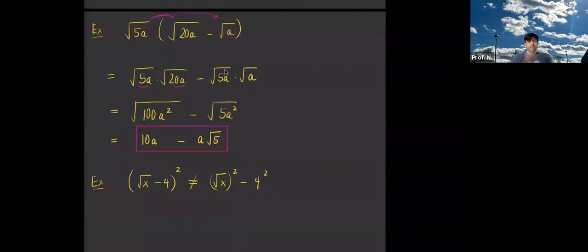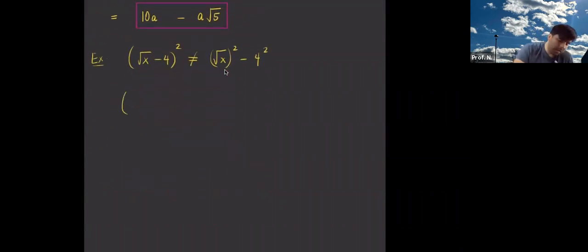You cannot just take the 2's and square everything inside and say, yep, I did it. No. Remember, root x minus 4 squared is the same thing as root x minus 4 times root x minus 4. That's what that means. So when I do that, I must FOIL everything out.